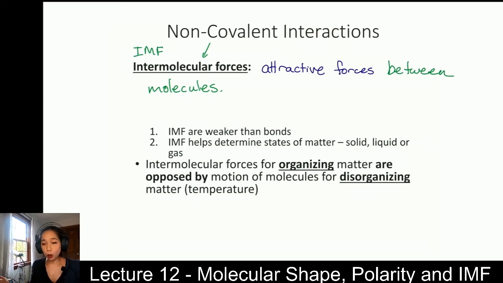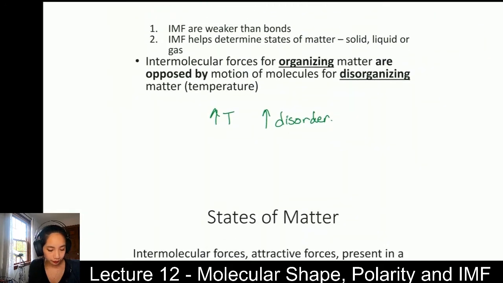Intermolecular forces organize matter into a solid or a liquid, and we can compare those forces to the motion of the molecules, which is determined by temperature. The higher the temperature, the more disorder, or more energy to overcome intermolecular forces.